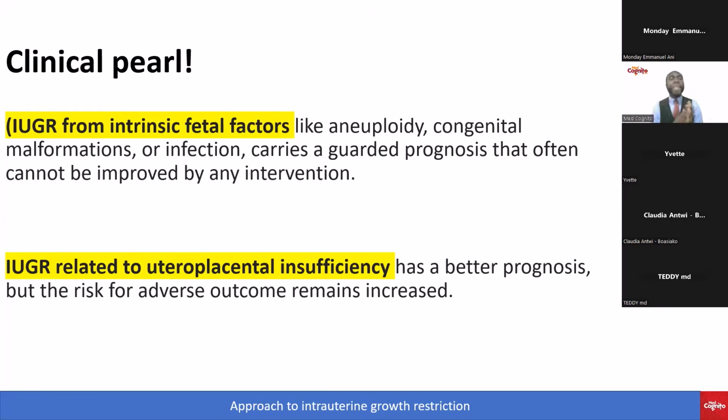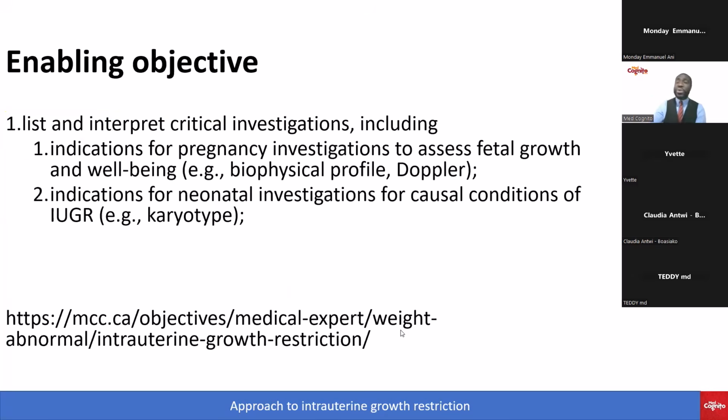Asymmetric. Okay, so asymmetric IUGR related to uteroplacental insufficiency has a better prognosis, but the risk for adverse outcomes remains increased. So we've learned symmetric versus asymmetric: which one has better outcomes, which one has poor outcomes, which one is likely to start before 20 weeks, which one is likely to start after 20 weeks.